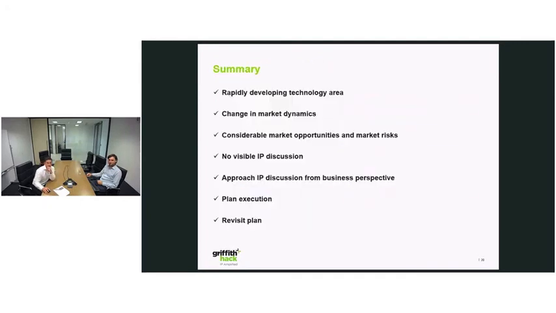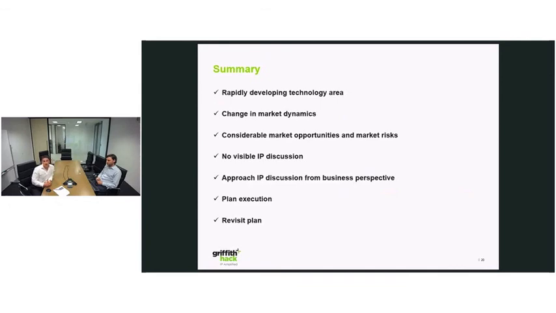So look, just to summarise what we've covered, it's been a bit of a whistle-stop discussion through fintech and some of the IP considerations that we're trying to promote and get people to think about.